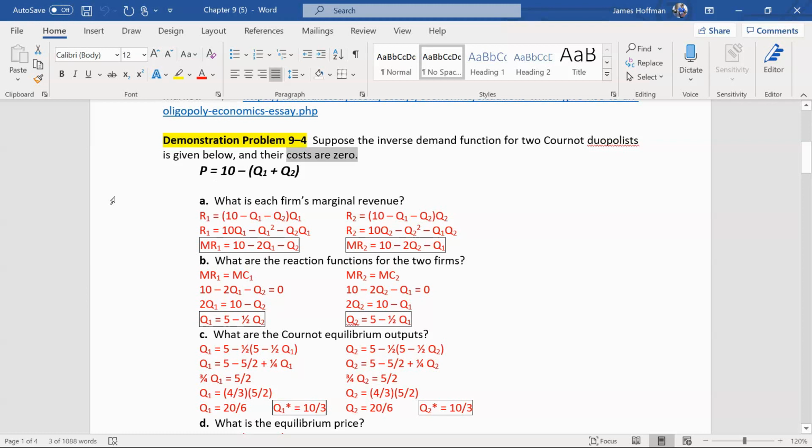Normally there's going to be a cost function, but here for simplicity, just to get the idea, there's no cost. So if there's no cost, there's no marginal cost. So MC is 0 because cost is 0.